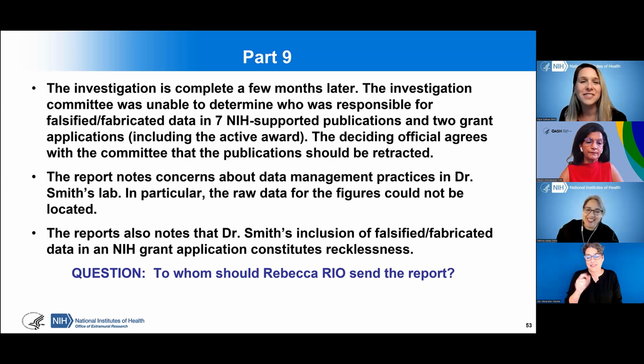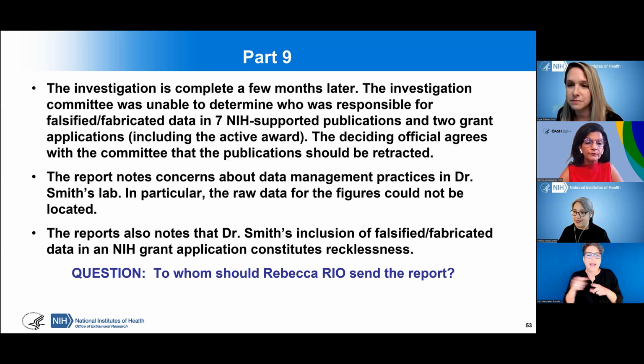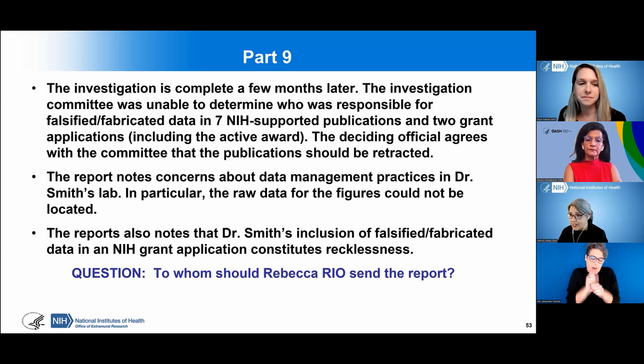We'll find it and put it in the chat. I'm sure Christine can help us with that. It should be on the slides or somewhere, but I'll show you where to find it. So that wouldn't go to the PO or the grant specialist? That would go to us, because it's specifically about a research misconduct finding. Then you want to tell us, because we'll make sure that it's held confidential, only shared with those on a need-to-know basis.